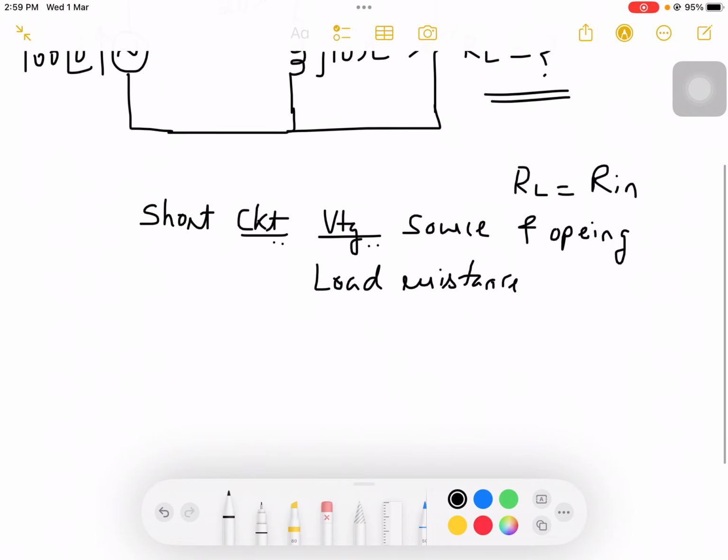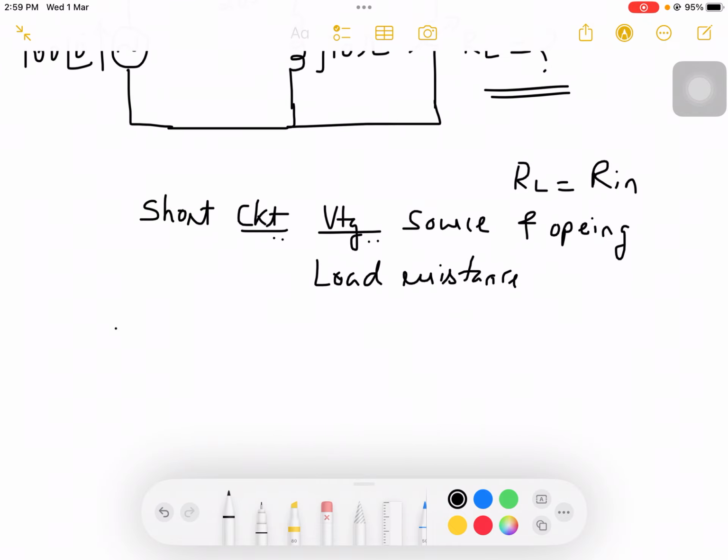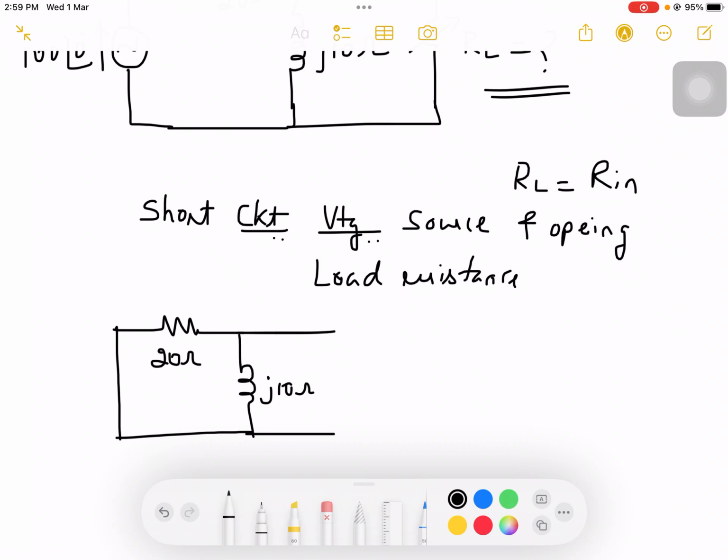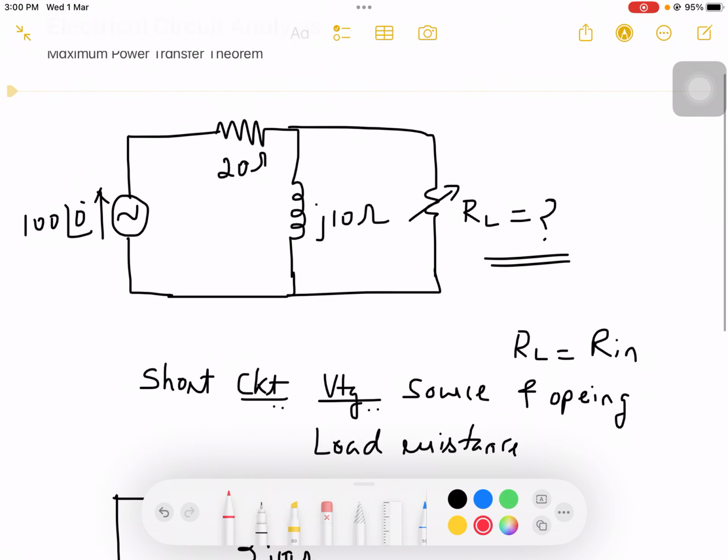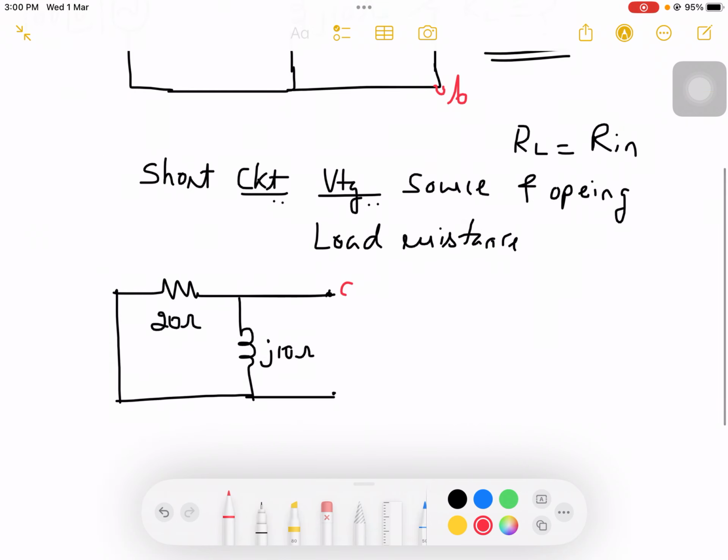I will rewrite the circuit by doing this. I will be shorting my voltage source and it is left out with 20 ohms. It is in series with J10 ohms, and I will open the terminal. Let me name them A and B, just for indication, where the load was connected.